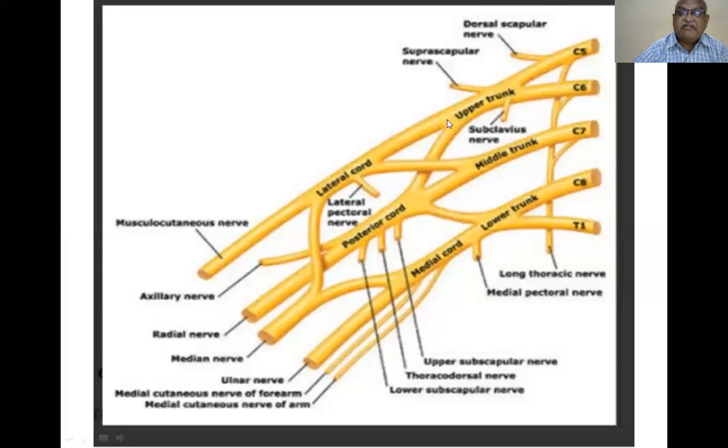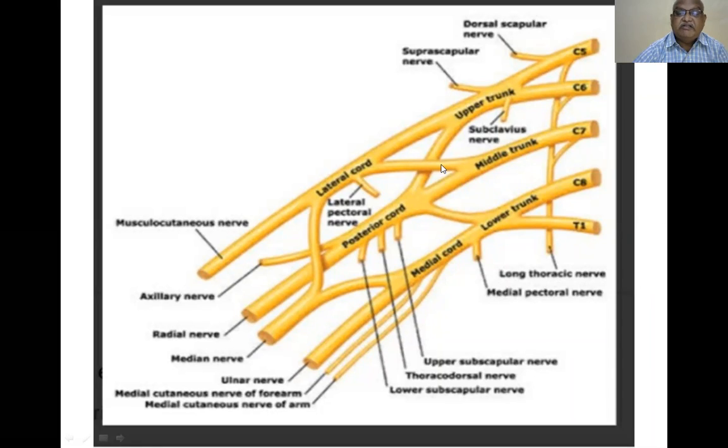Again the trunks are divided into anterior division and posterior division. The anterior division of the lower trunk continues downwards as the medial cord.